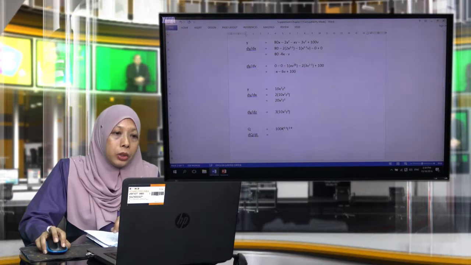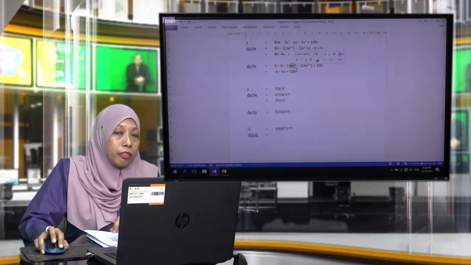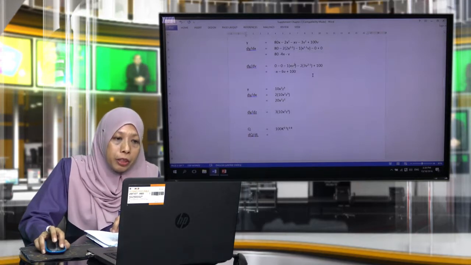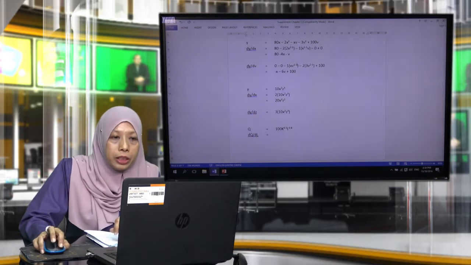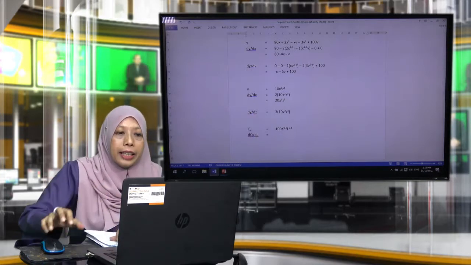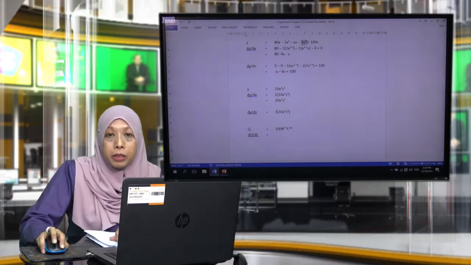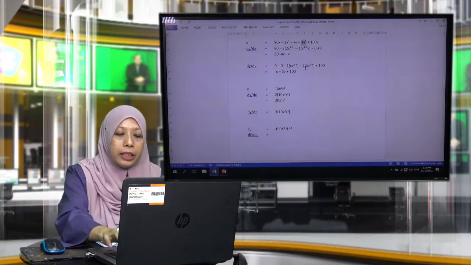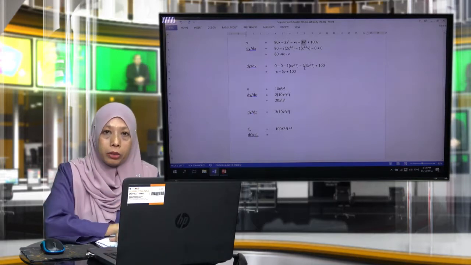Now remember, you are differentiating with respect to v, so you have to bring down the exponent for v. So the exponent for v here is 1. The second step, you need to write the original function, x times v. And then the third step requires you to reduce the exponent for v by 1 unit.